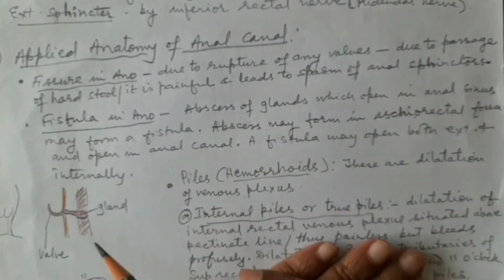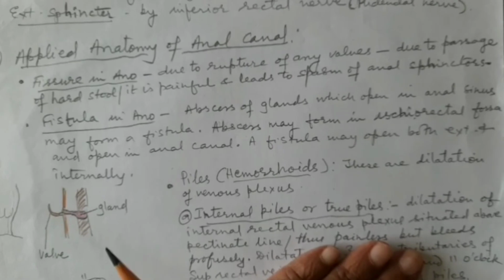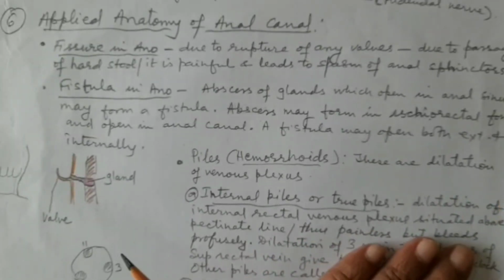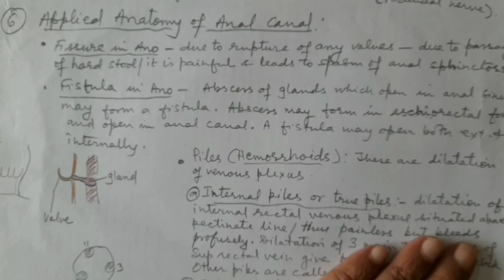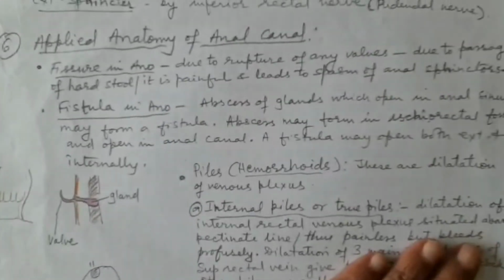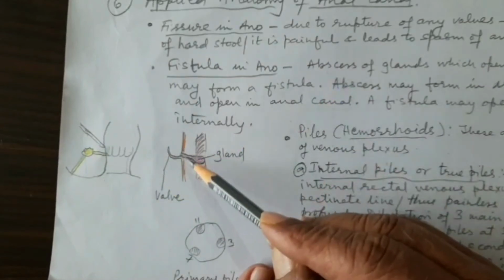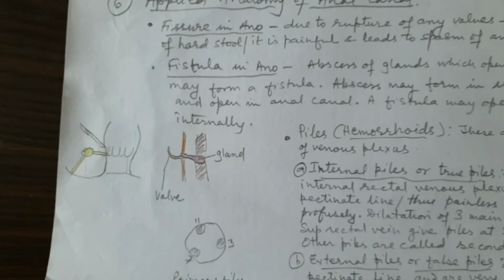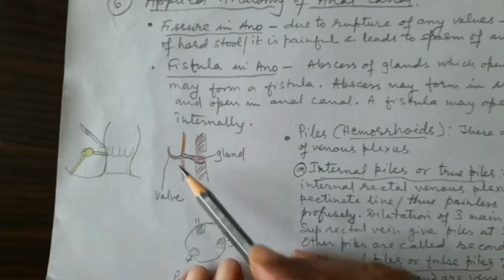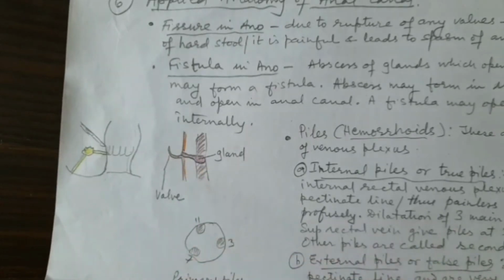When the stool becomes very hard and passes through the anal canal, the pocket present inside the valve gets ruptured, and it becomes very painful, because below the pectinate line the nerve supply is the inferior rectal branch of the pudendal nerve, which is a sensitive somatic nerve, not autonomic.